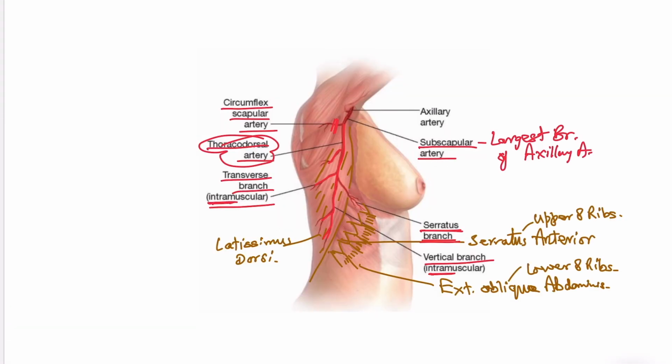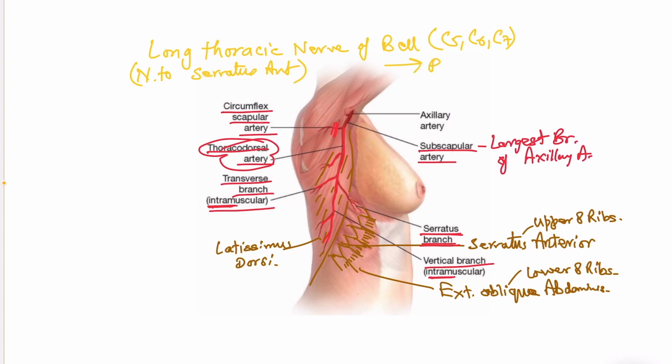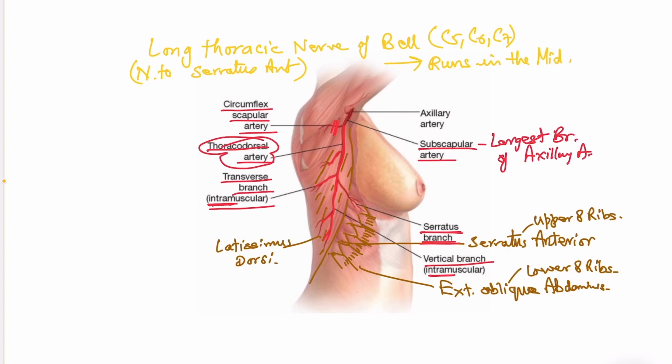The answer will be the long thoracic nerve of Bell, which is also called the nerve to serratus anterior. It arises from the roots of C5, C6 and C7. This nerve runs in the mid-axillary line.